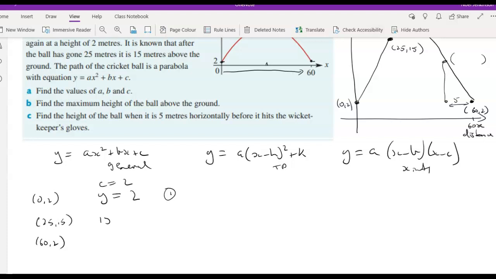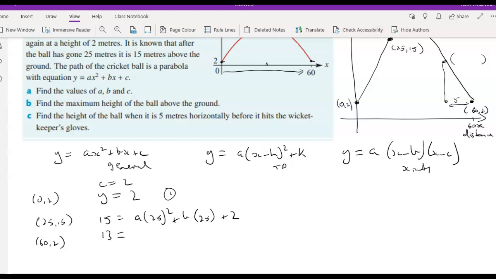The second point, 15 equals a times 25 squared plus b times 25 plus 2, because we now know what the c is. Just got to rearrange that slightly, take the 2 over to this side, 13 equals, and probably expand out these values.